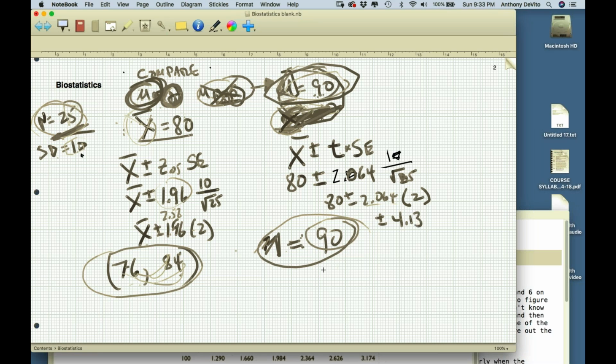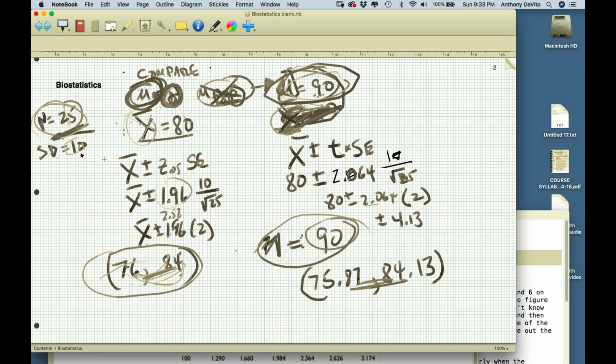So 80 less 4.13 is going to be 75.87, to 84.13. Right? So our confidence interval now is a little wider than it was before.